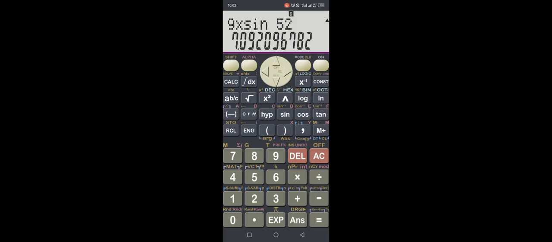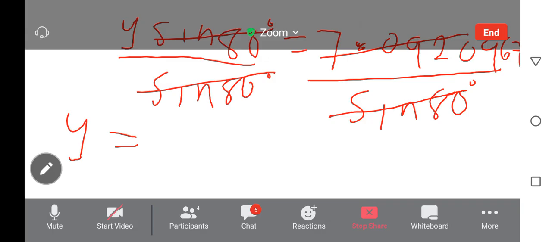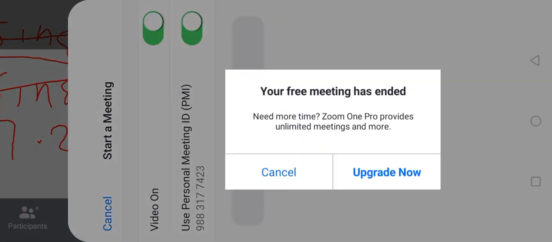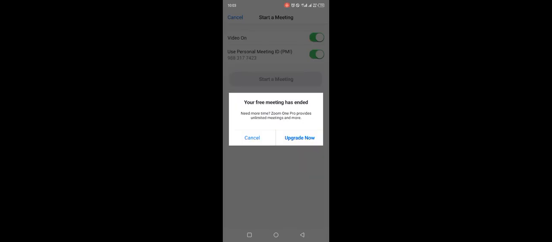This answer divided by sine 80 gives 7.2015.